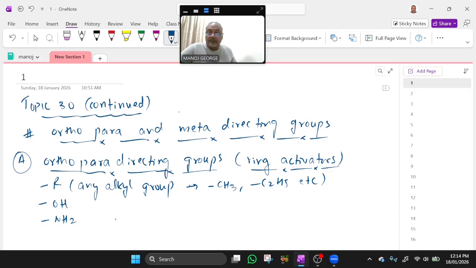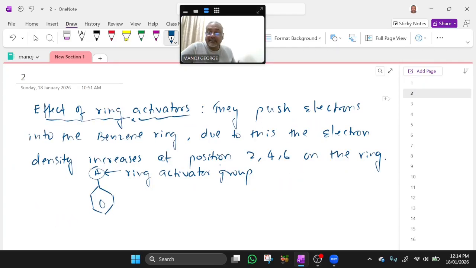Okay, so this was your page 1. I just started the discussion on what is called the ring activator group, also called the ortho-para directing group. What these do is they push electrons into the benzene ring. This is position 1, 2, 3, 4, 5, and 6.